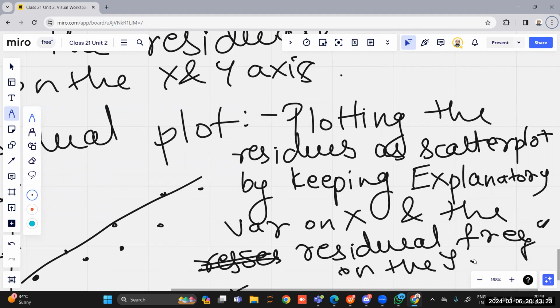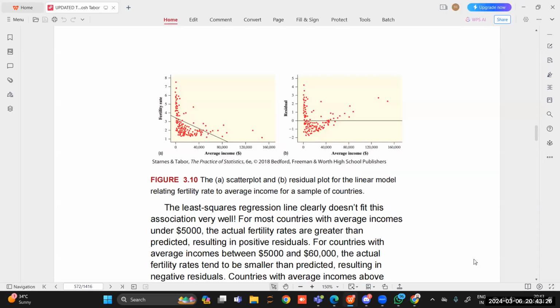That was the definition of our residual plot. So we move on to how he is comparing.